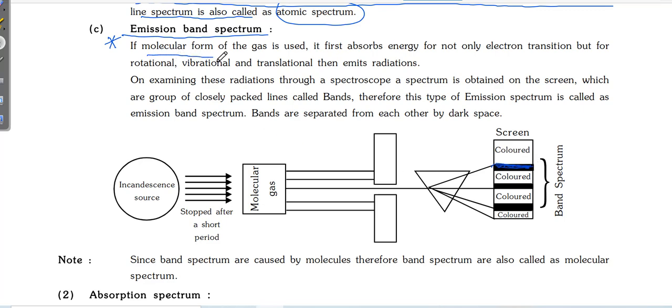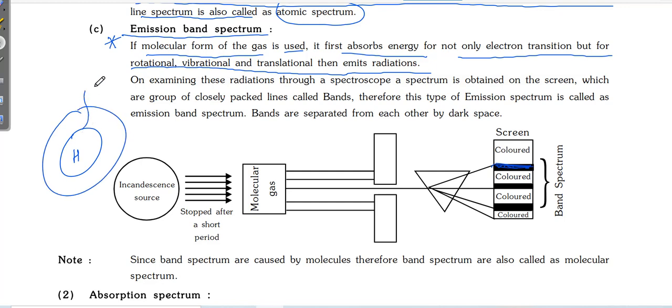If a molecular form of gas is used, it first absorbs not only for electron transition but for rotational, vibrational and translational, then emits the radiation. See, what happens in the molecule? In the atom, just hydrogen is there, with an electron. This electron is excited, then falls down, releasing energy. This is the atomic spectrum.